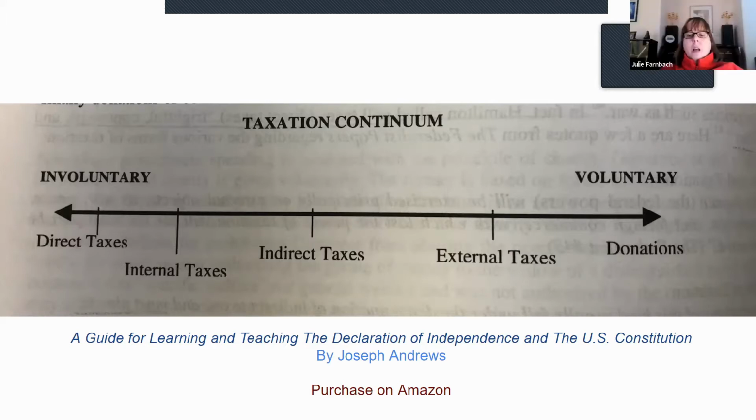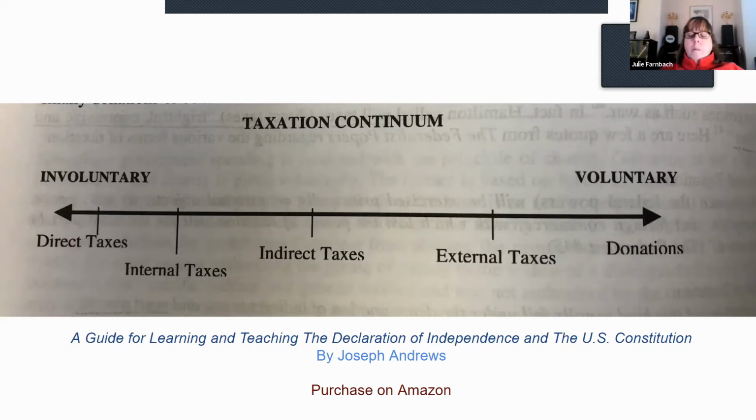To the right, the external taxes, such as the Sugar Act, are taxes outside of the market of the United States. Those are import duties, tariffs, and taxes that are built into the cost of doing business for merchants coming to our shores to access broader markets.